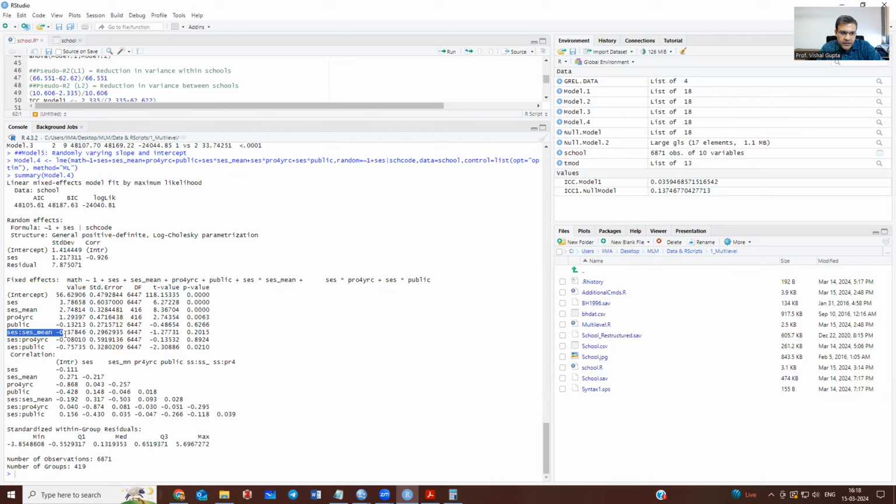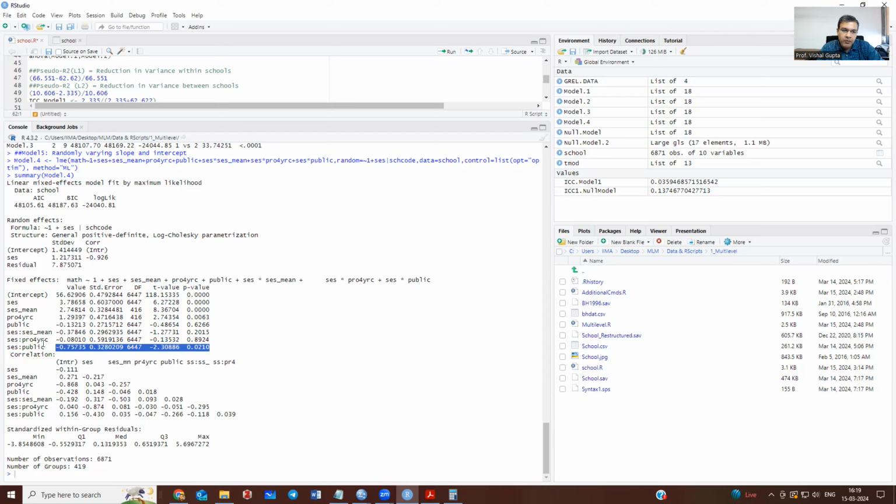Now you see the first interaction term is not significant. That means SES mean does not moderate. Then pro 4-year, it does not moderate again. But now you see public comes out as a moderator. So you see the interaction SES multiplied with public. Now the interaction term of SES and public moderates, and it is negatively moderating.